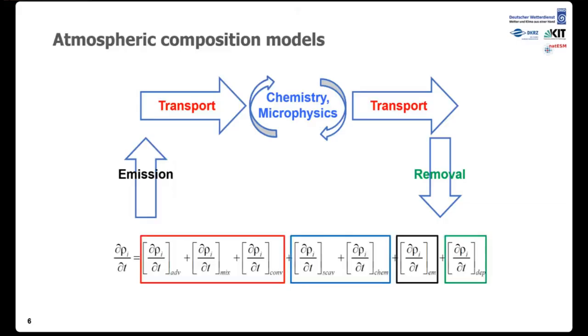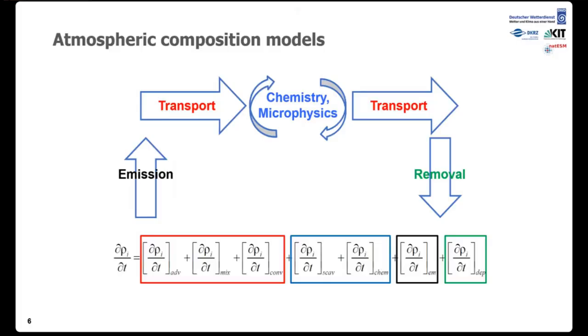The transport processes like advection, mixing due to turbulence, and convection are done on the ICON side. So we basically pass the tracers to ICON for the transport, and then we calculate on the ART side basically chemistry and scavenging, which you see in terms of transformations.